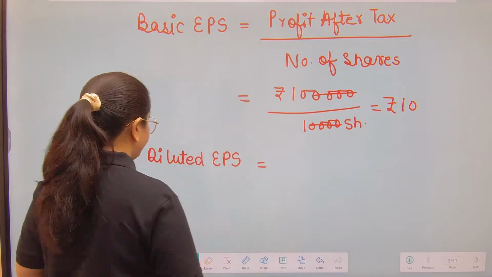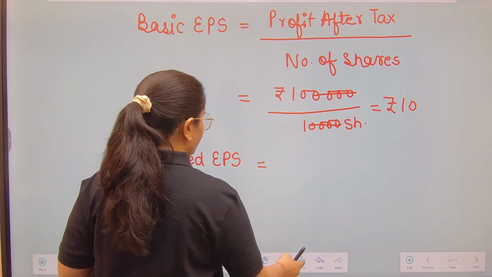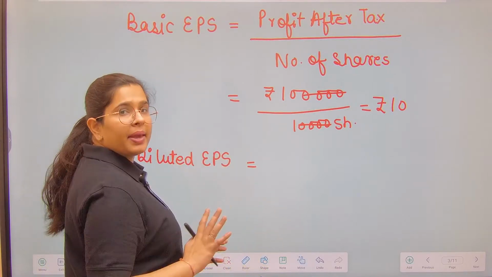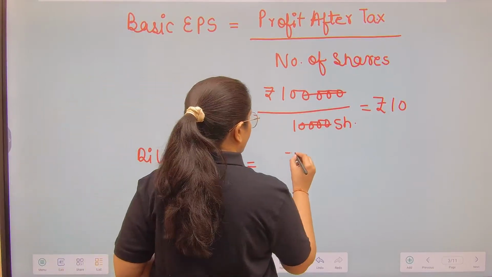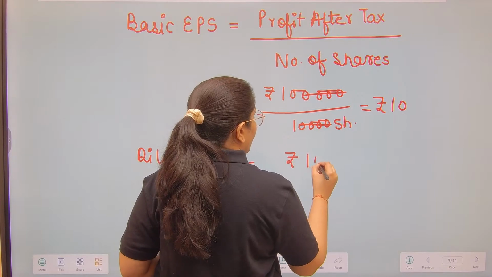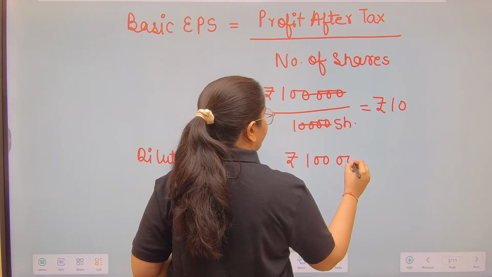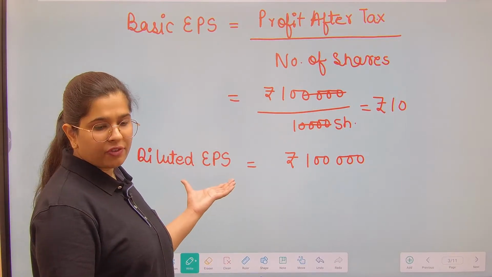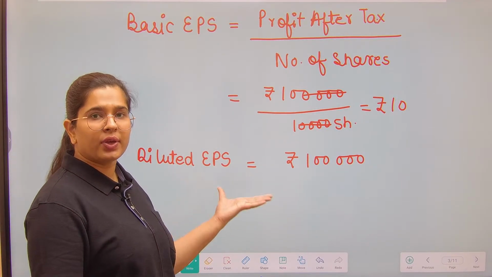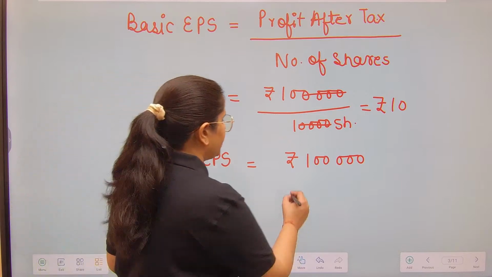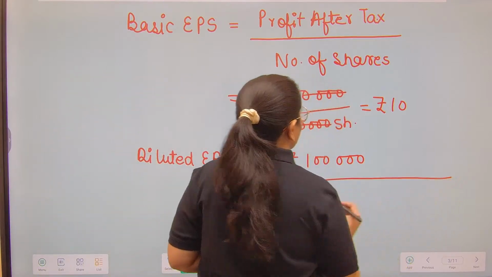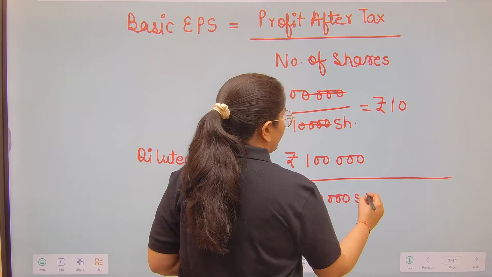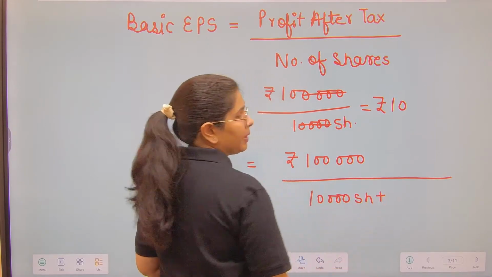See over here. The formula remains the same. Suppose I have earned 1 lakh rupees. There is a specific formula for it, but we are understanding it in easier terms. 10,000 shares are already issued by your company.